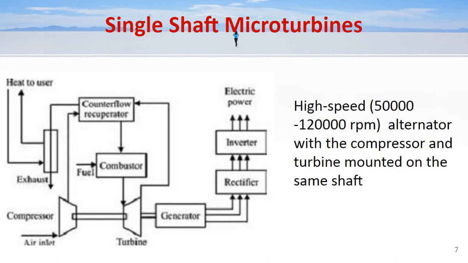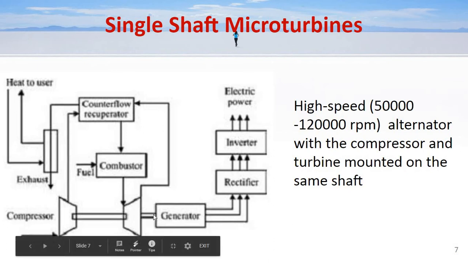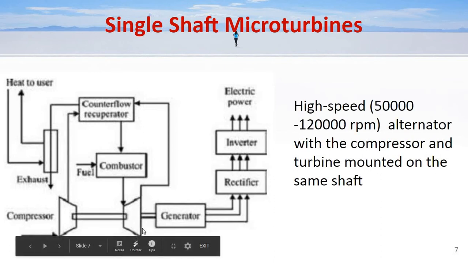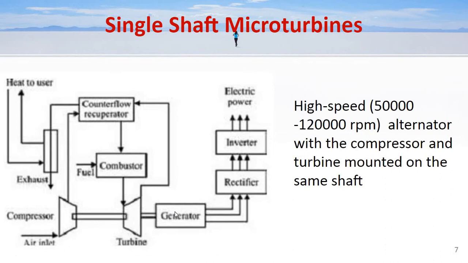In a single shaft microturbine, the turbine is directly coupled to the generator. You can see the turbine is directly coupled to the generator, and the output of the generator is rectified and then again inverted, and we get the output. Typically the speed is in the range of 50,000 to 120,000 RPM. The alternator also has to rotate at this speed because they are mounted on the same shaft.